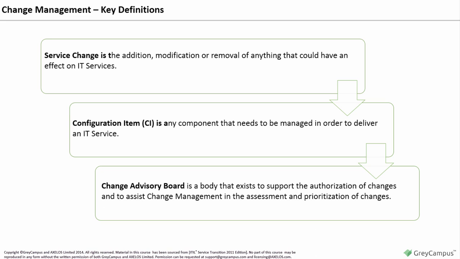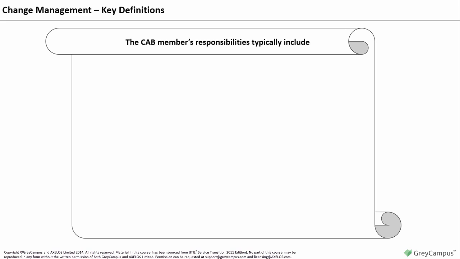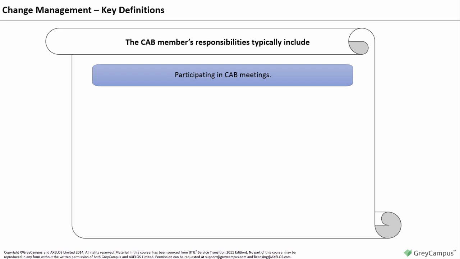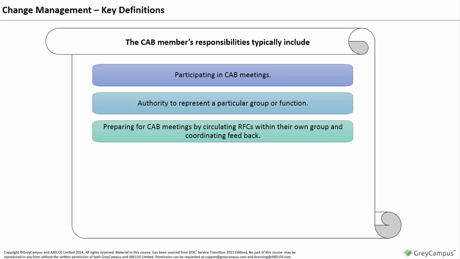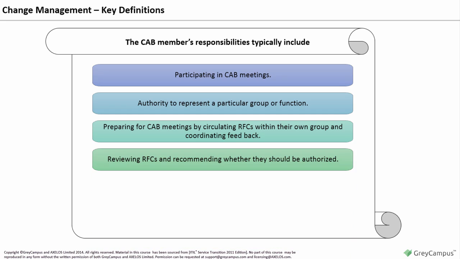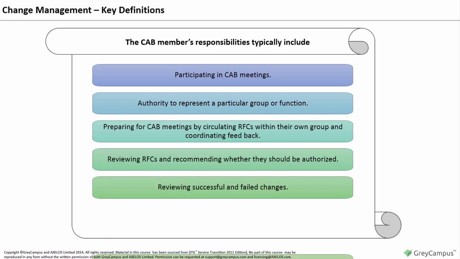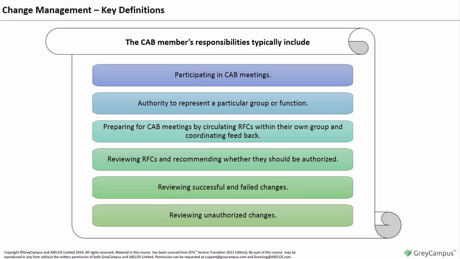Change Advisory Board is a body that exists to support the authorization of changes and to assist change management in the assessment and prioritization of changes. The CAB members' responsibilities typically include participating in the meetings, authority to represent a particular group or function, preparing for CAB meetings by circulating RFCs within their own group and coordinating feedback, reviewing RFCs and recommending whether they should be authorized, reviewing successful and failed changes, and reviewing unauthorized changes.